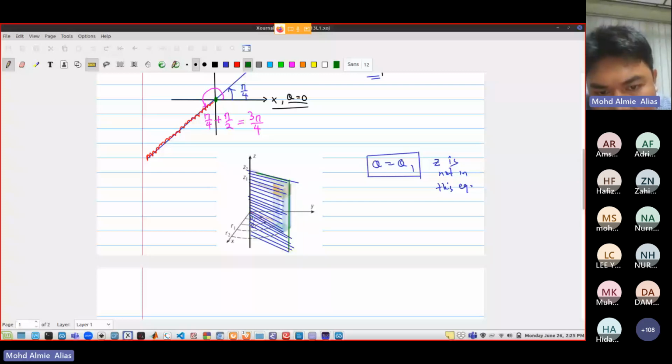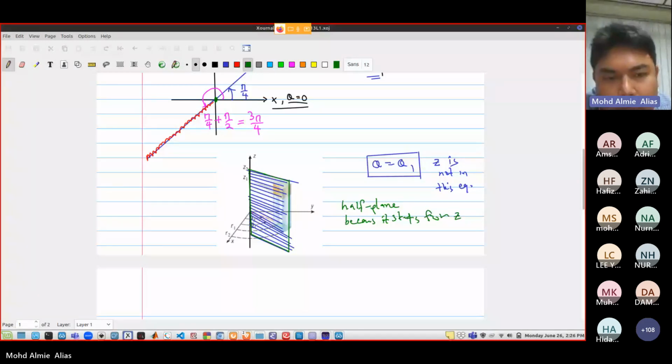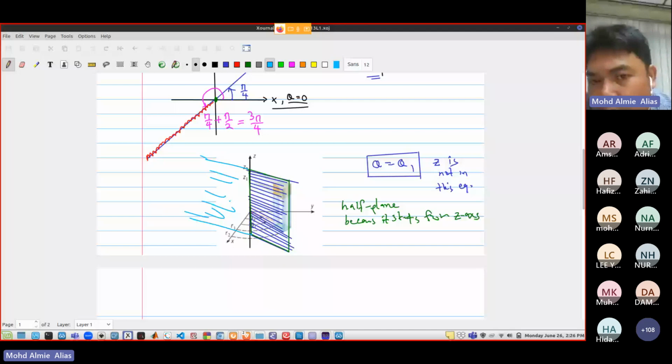You call it a half plane because it starts from the z-axis, and you can't extend it. If you were able to extend this to infinity, then it would be called a full plane.